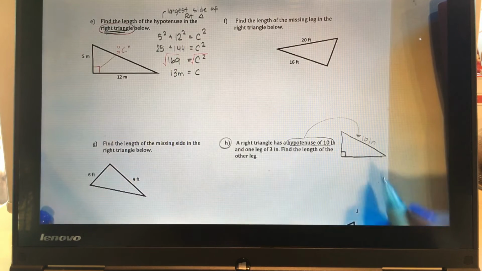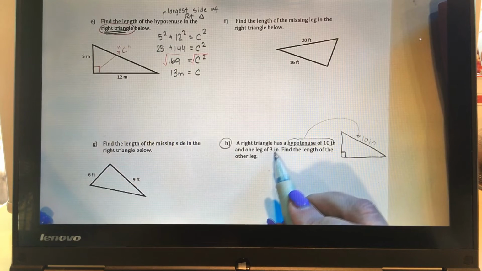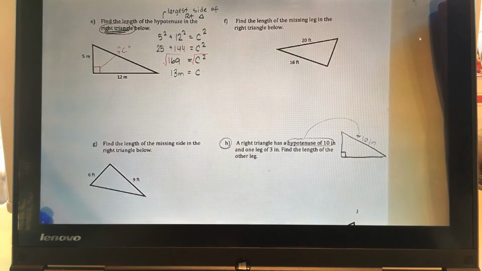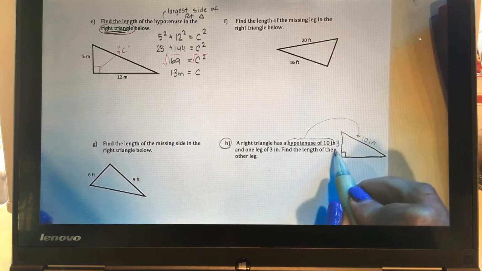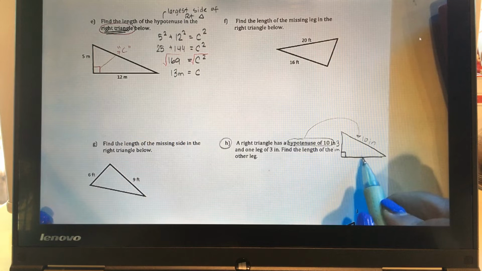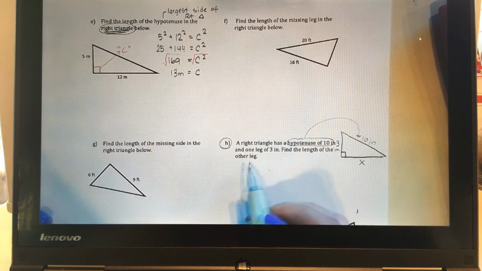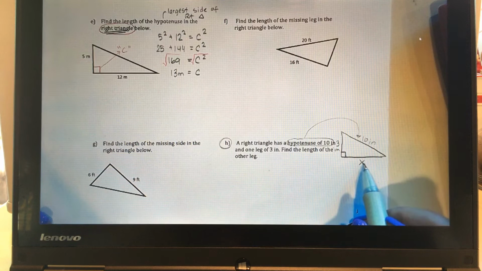Now, I don't know if that's the small side or the medium side. 3 sounds like it's a small, so I'm going to put it here next to the smaller one. But again, this is just a sketch. It doesn't have to be absolutely accurate. And then here's my other side, my other leg of the triangle.